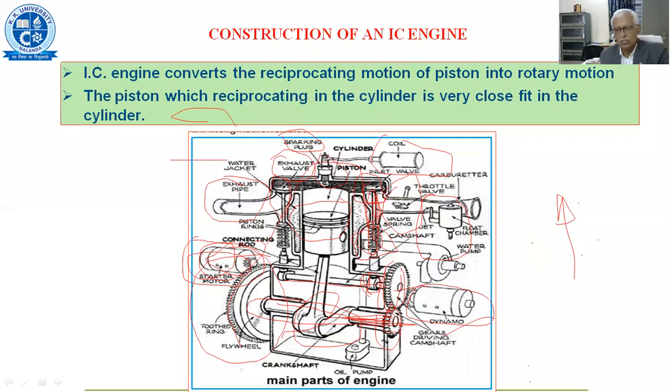Well, my dear friends, today I conclude this session. We are trying to understand the construction of an IC engine. We started with trying to understand CI and SI engines, but subsequently felt the need to talk about only one particular engine.